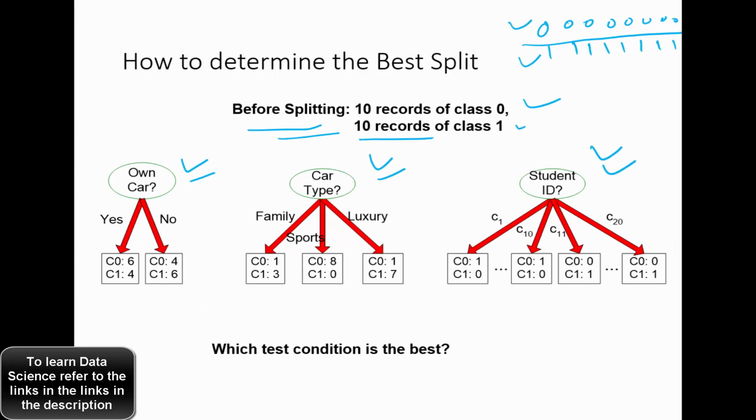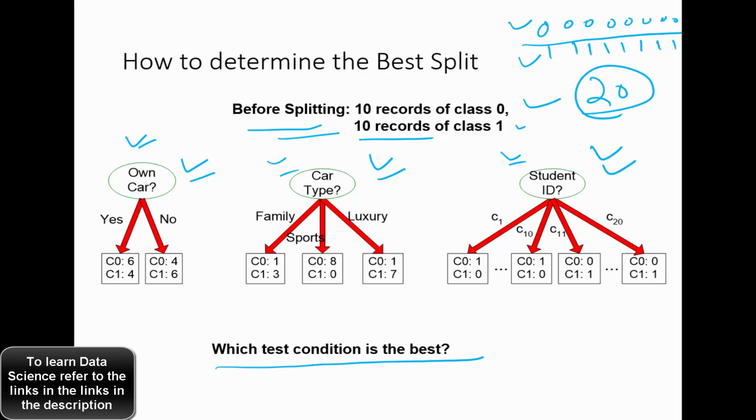So which test condition is the best? Car ownership, car type, or student ID? Now let's see the distribution of these observations. We have 10 zeros and 10 ones, 20 observations within this category.